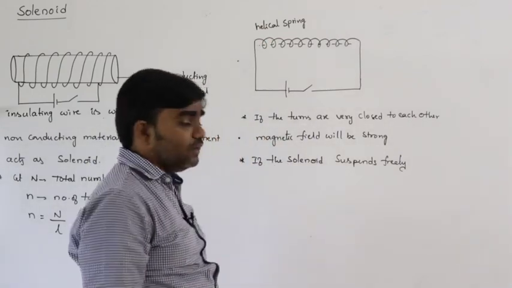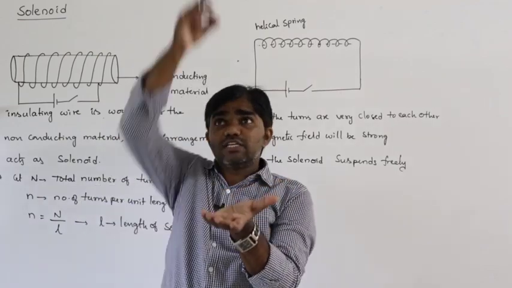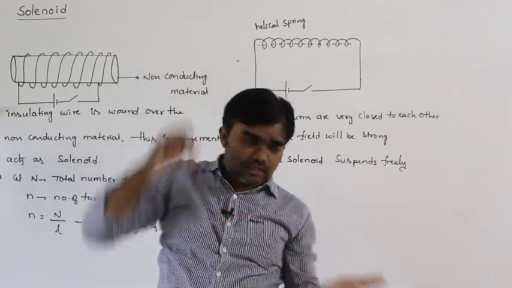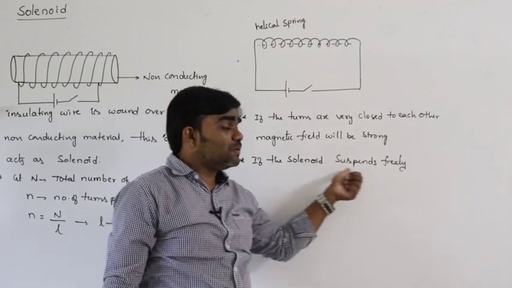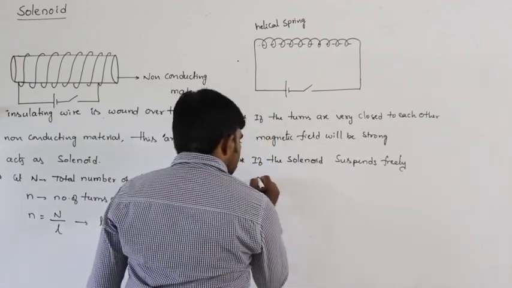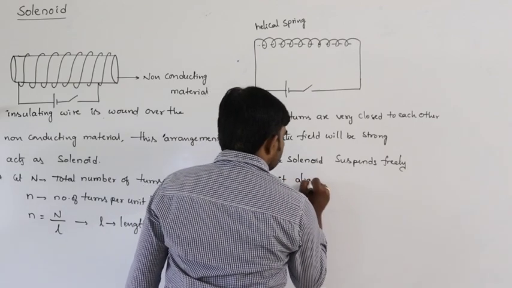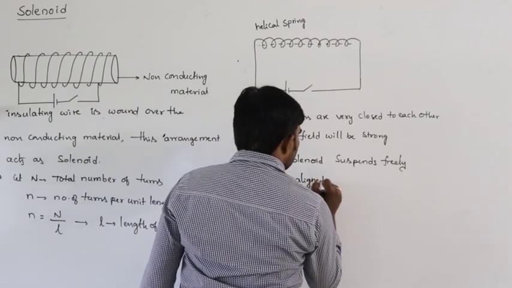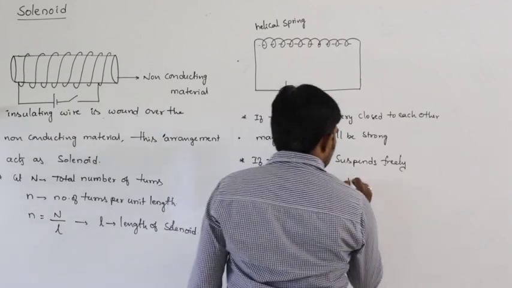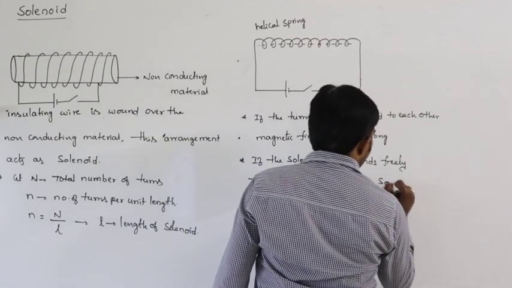Then if it is suspended freely, just like a bar magnet suspended, the solenoid gets aligned in north-south direction.